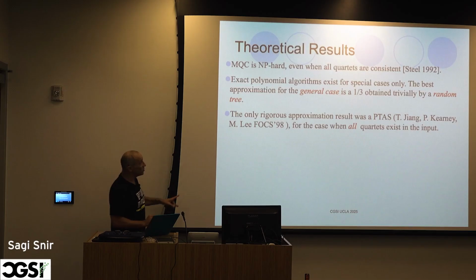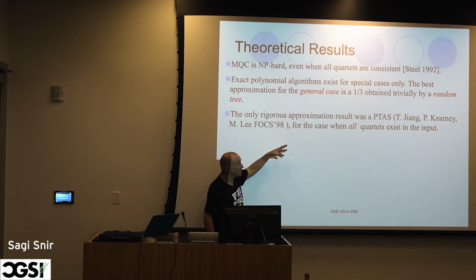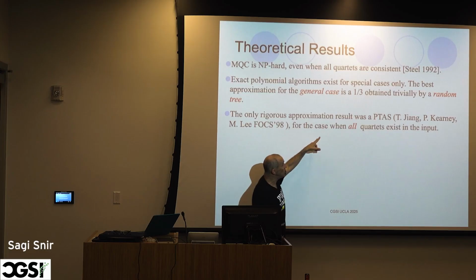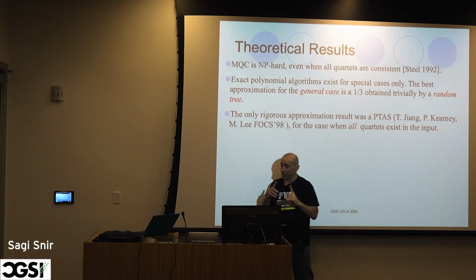Now, there was a very precise algorithm for the very simple case when all quartets exist in the input, and these quartets do not agree. If we have all the quartets, we know how to check that they agree. In that special case, we know how to check.